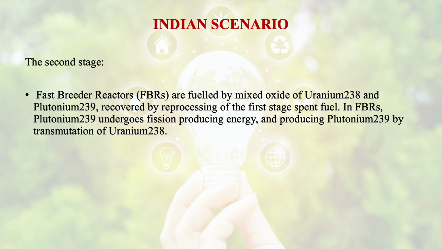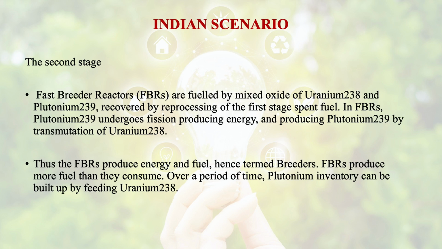In the second stage, fast breeder reactors are fueled by mixed oxide of uranium-238 and plutonium-239. It is recovered by reprocessing of the first stage spent fuel. In FBR, plutonium-239 undergoes fission, producing energy and producing plutonium-239 by transmutation of uranium-238. Thus, fast breeder reactors produce energy and fuel and hence are termed breeders.